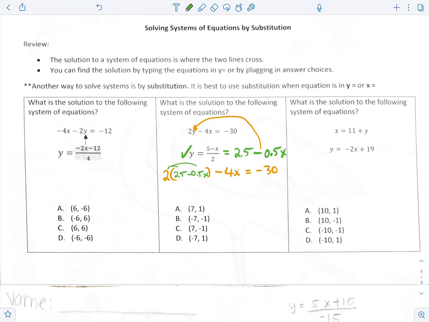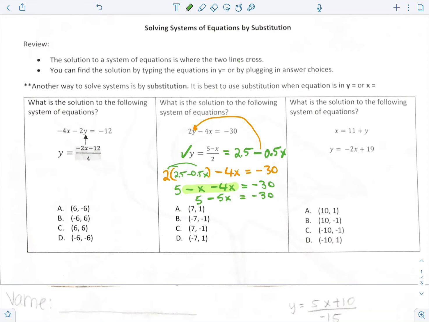We can go ahead and distribute the 2 inside and simplify. So this becomes 5 minus x minus 4x equals -30. Combine our like terms here: -x minus 4x gives us -5x. 5 minus 5x equals -30.